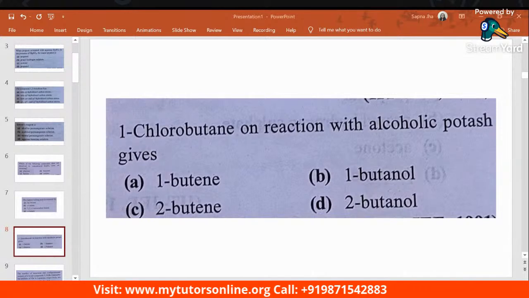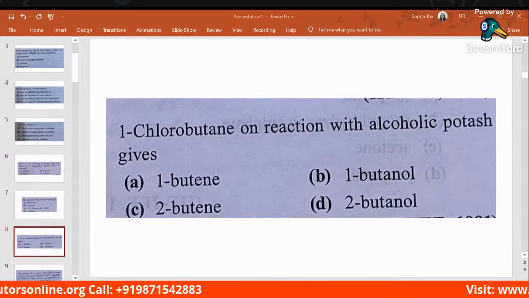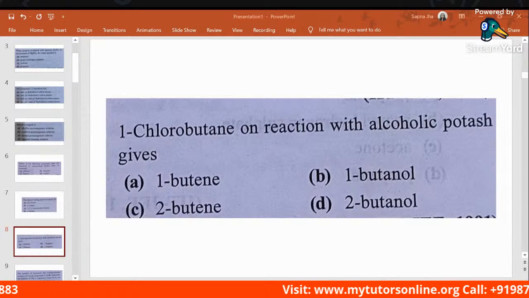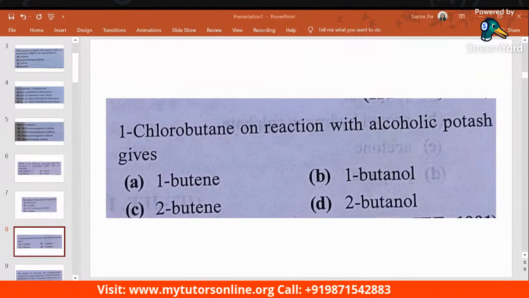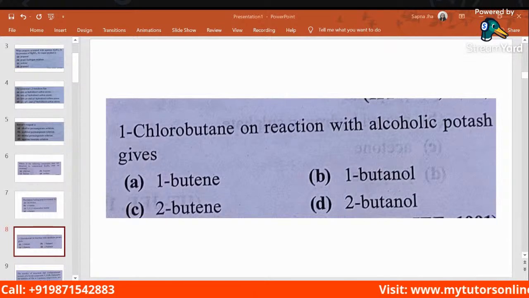Okay, let me see. So 1-chlorobutane on reaction with alcoholic potash gives what?